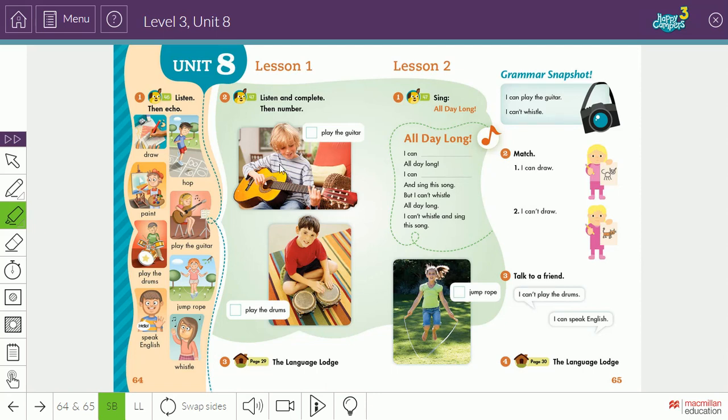This one plays the guitar, and this one plays the drums. Yes, and this girl here jumps rope. So now we will listen to this song.